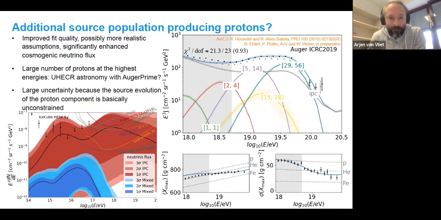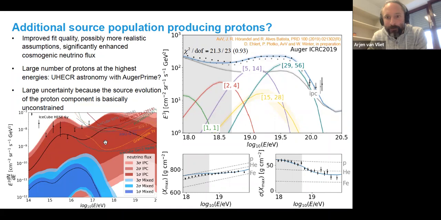But the neutrinos can, of course, come from very high redshifts. So these cosmic ray measurements cannot tell you much about source evolution, which gives you a large uncertainty in the expected cosmogenic neutrino flux. And you can see that under this assumption with this additional proton component, you get neutrino fluxes that even go above the current neutrino limits, but can also be still quite low and difficult to detect later on.